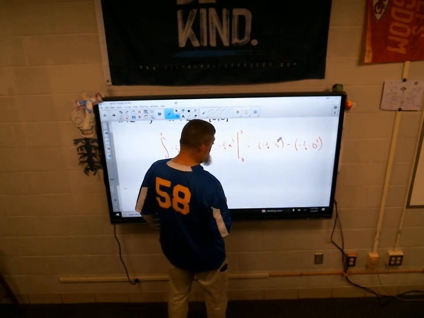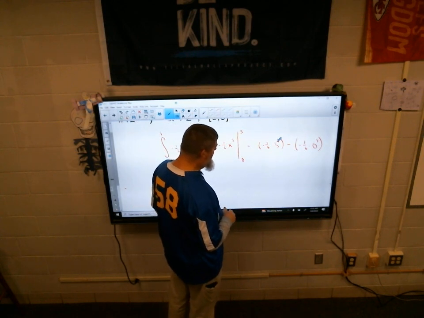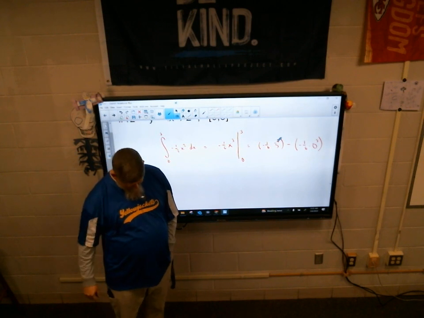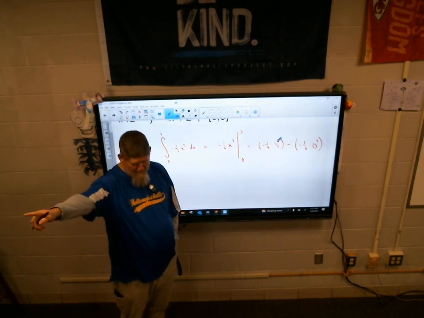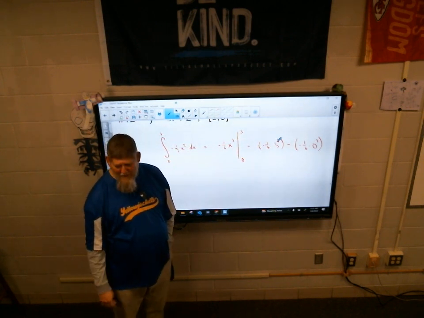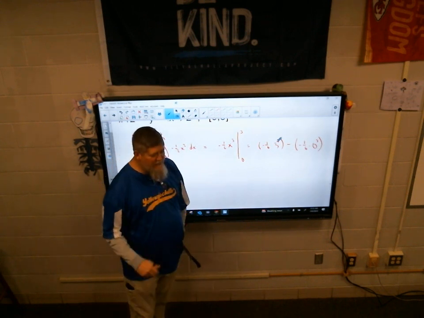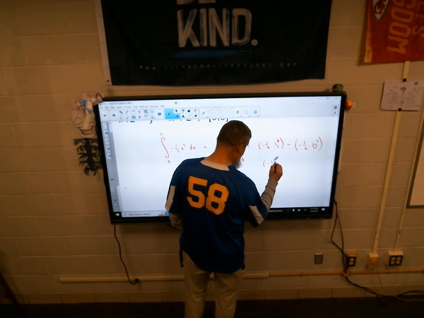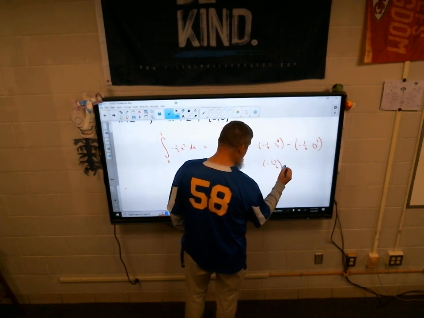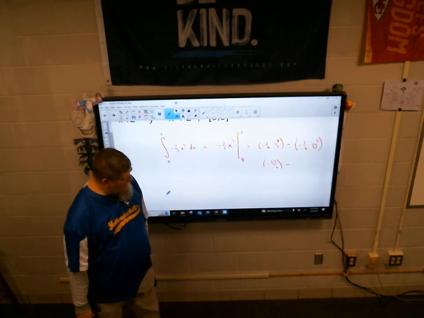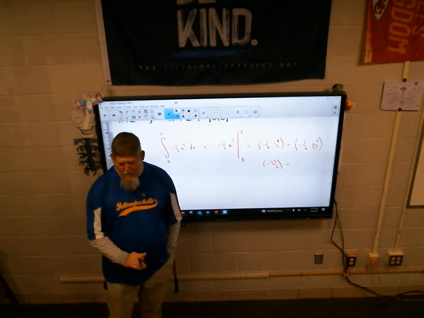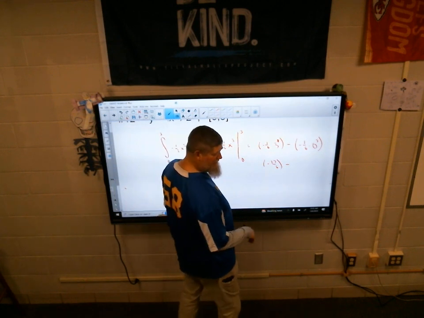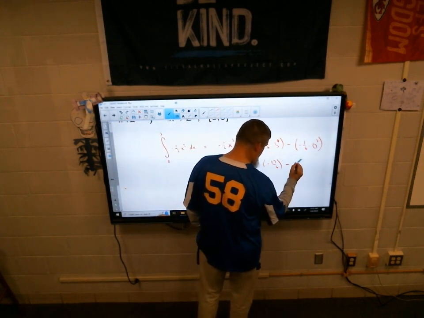Now, what is 3 to the third? 27. So 27 divided by 6 gives me negative 27 over 6 minus, what is 0 cubed? 0. Times negative 1/6? 0. So this is just going to be 0.